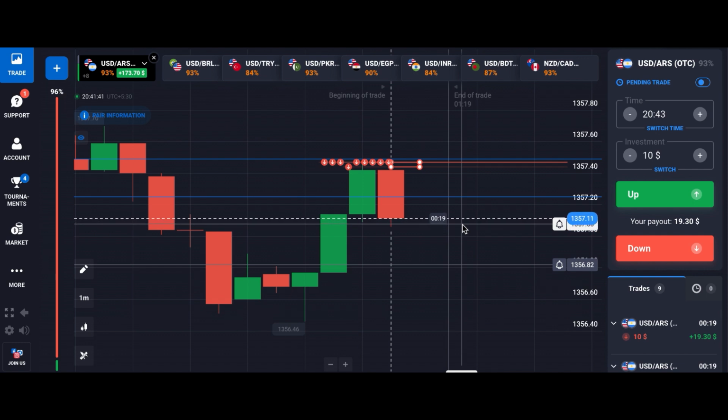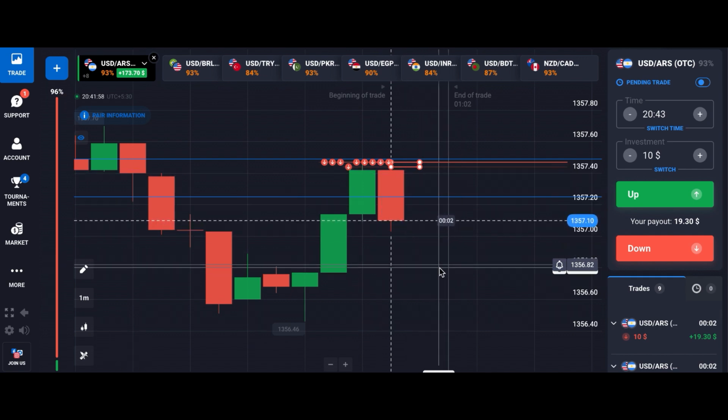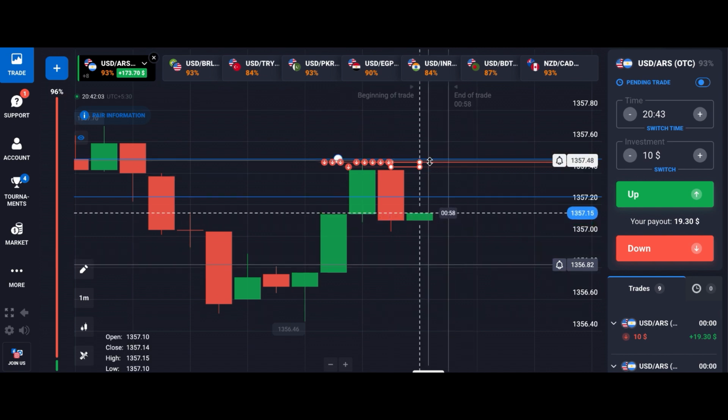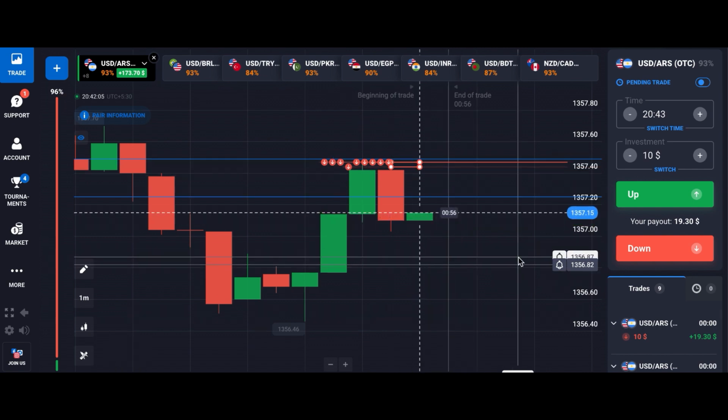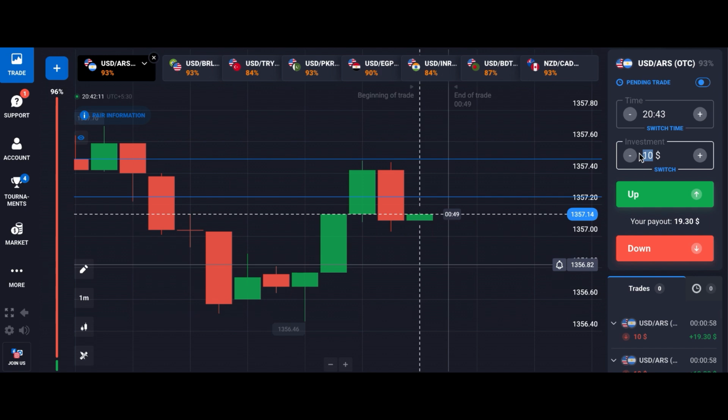Otherwise you have just seen what happens, and I know this has already happened with you. So always wait for the closing of the candle and then execute the trade. I know I can recover my loss, that's why I took that trade to demonstrate it for you guys. Now all our trades are in profit.